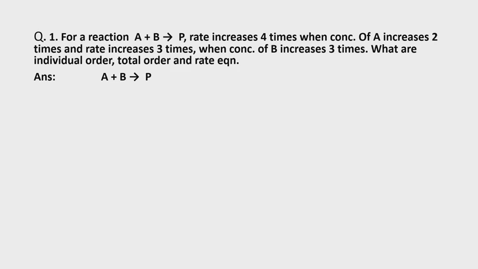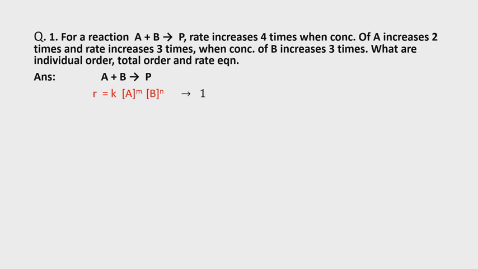So students, look at all. A plus B gives rise to P. That is the equation, as it is, I have written here. You know how to write a rate equation. R equal to K into A power M B power N. All of you know, it is not a problem here.